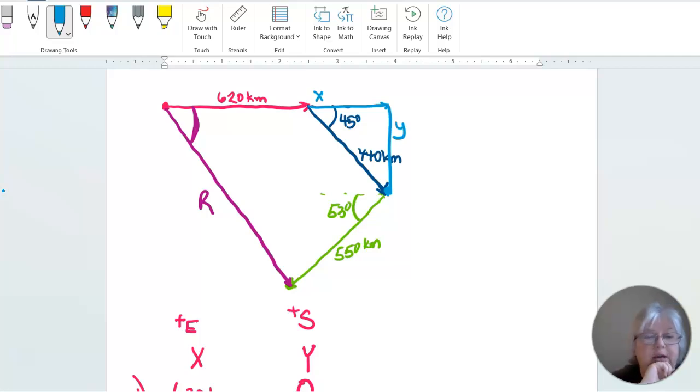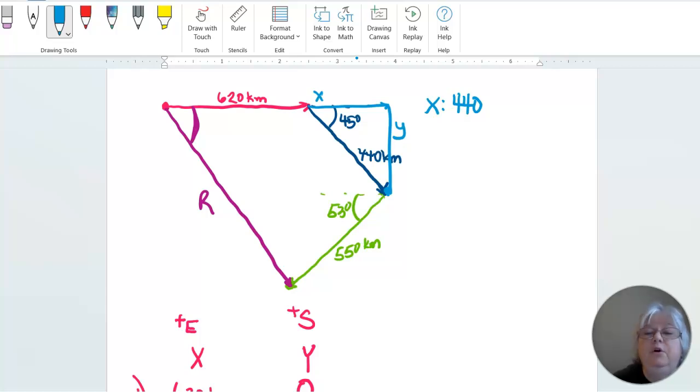And I'm going to use trig to find those two. I'm going to say x is equal to 440 kilometers, my resultant, times one of the trig functions of 45 degrees.